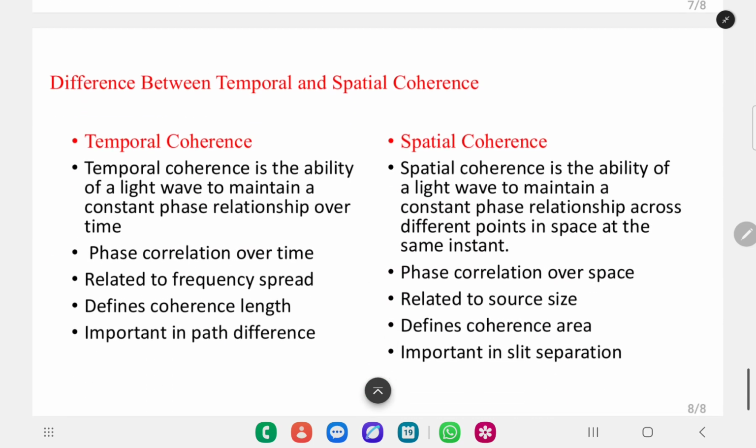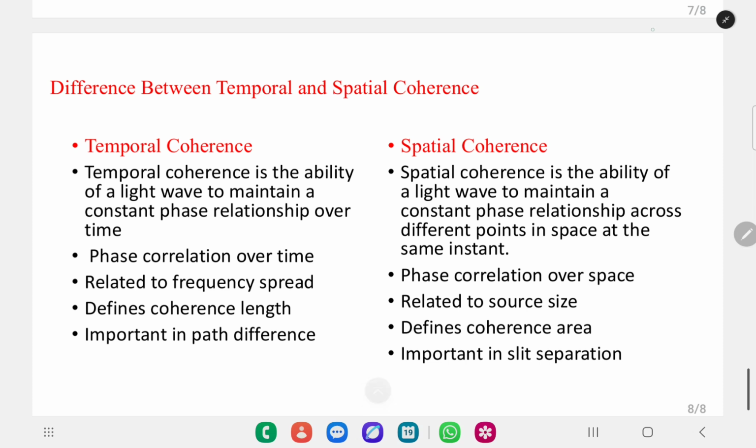Now the differences between temporal and spatial coherence. Temporal coherence is the ability of a light wave to maintain a constant phase relationship over some time period.